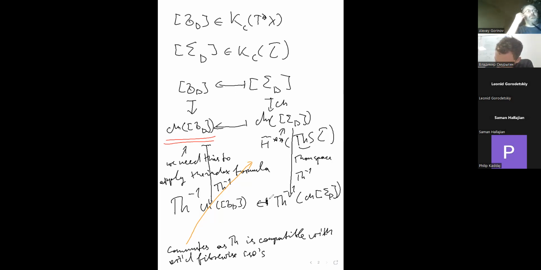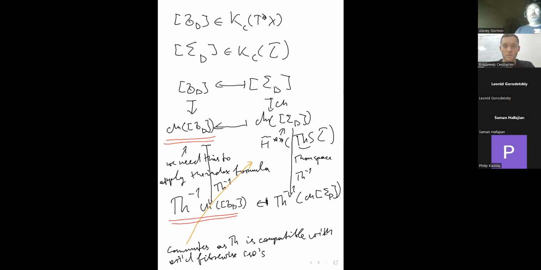Okay. Now we want to calculate what we're after, which is the element in the bottom left corner. The idea is to calculate what's in the bottom right corner, and then just take the pullback.